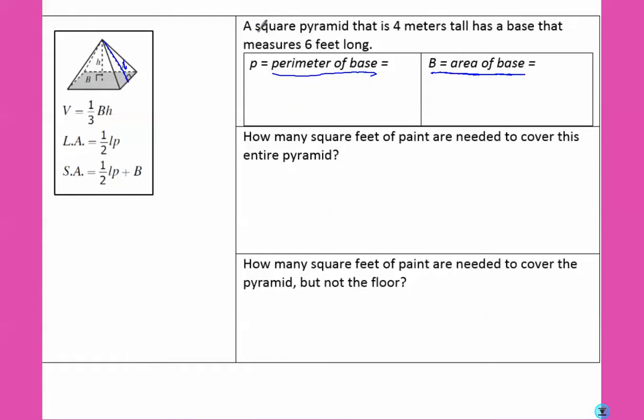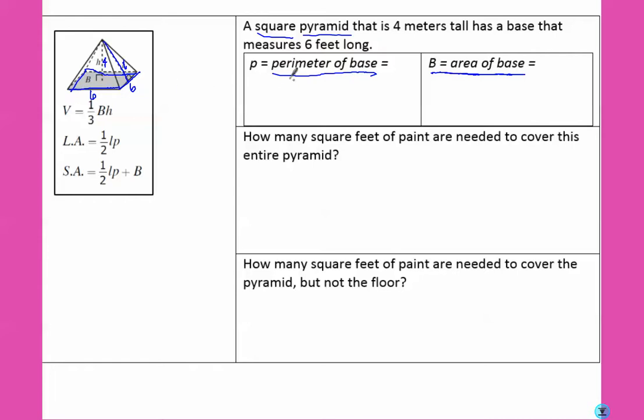So a square pyramid means that the base is a square that is 4 meters tall. So our h is 4. It has a base that measures 6 feet long. So this side is 6, and this side is 6, and this side is 6, and this side is 6.